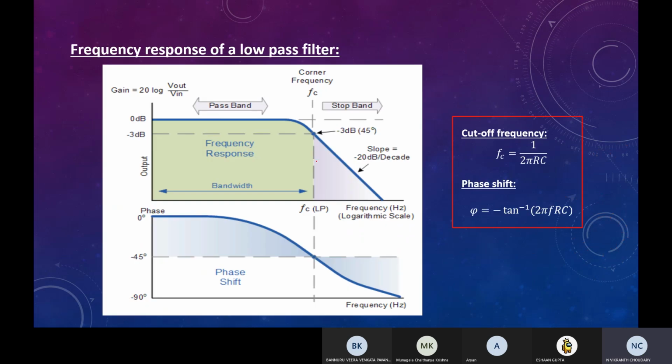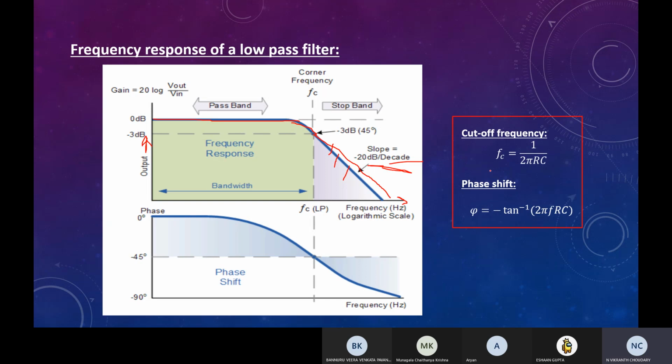This is how it looks: the Bode plot, gain versus frequency. Gain is almost constant till the cutoff frequency, and after the cutoff frequency it drops, and the slope is known as minus 20 decibel per decade. We say decibel per decade because decade is on the x-axis and decibels on the y-axis, so the slope is always in the ratio of decibel per decade.